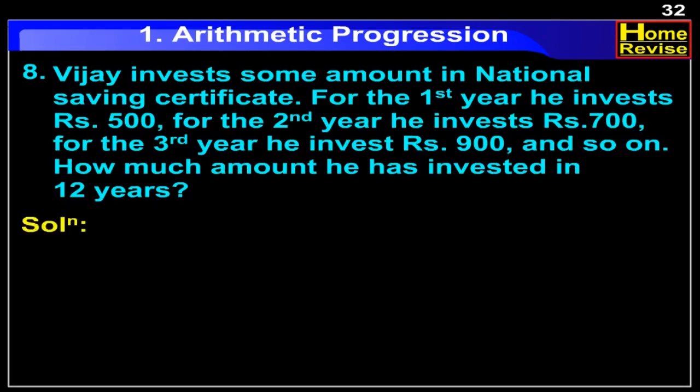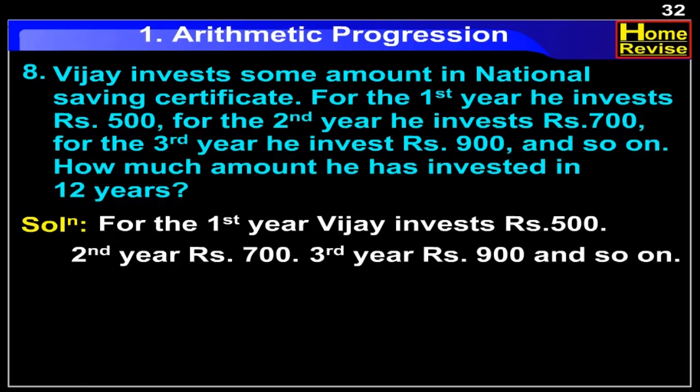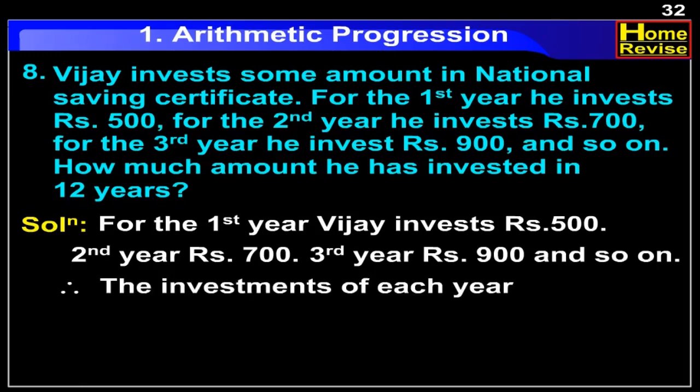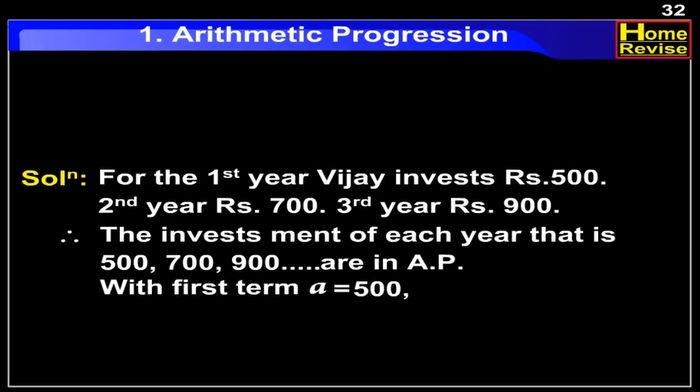Solution. It is given that for the first year, Vijay invests rupees 500. For second year, rupees 700. For the third year, rupees 900, and so on. Therefore, the investments for each year, that is 500, 700, 900, and so on, are in arithmetic progression with the first term a is equal to 500.